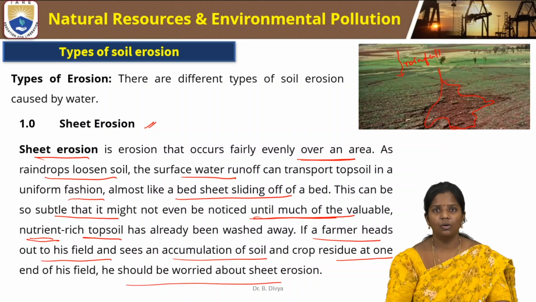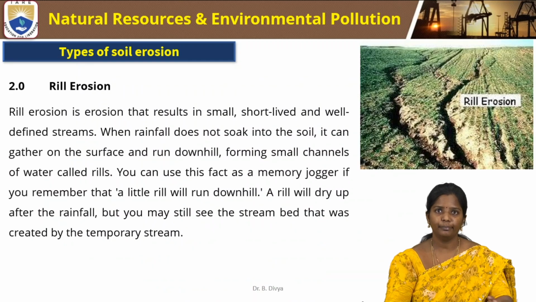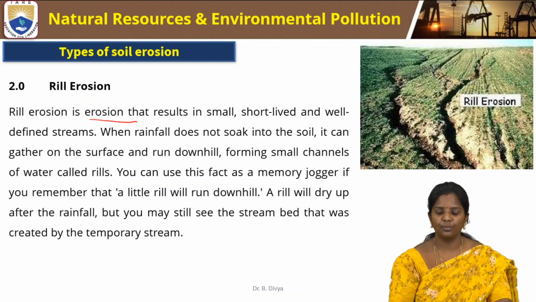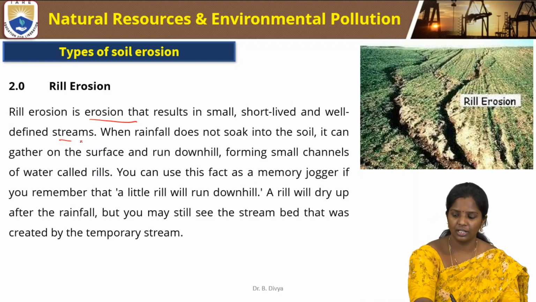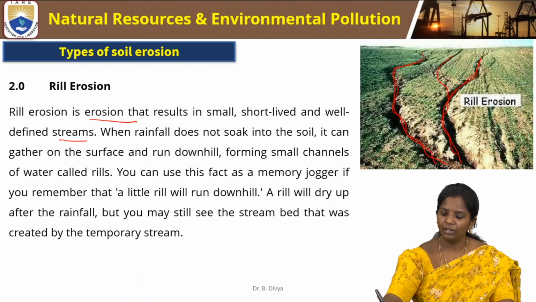So that is how we understand that there is some sheet erosion happening in the field, and that is like a variable rate. Next is the rill erosion. This erosion results in small, short-lived and well-defined streams. The water, mainly caused by water only, creates small lane-like channels that erode the soil.